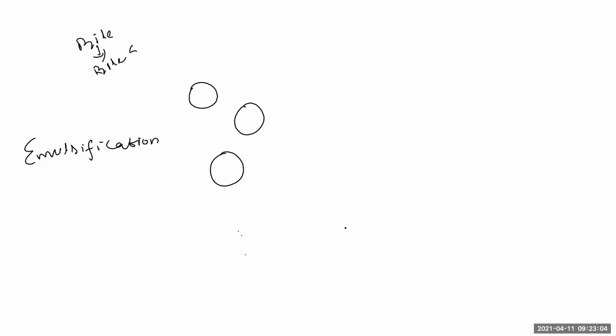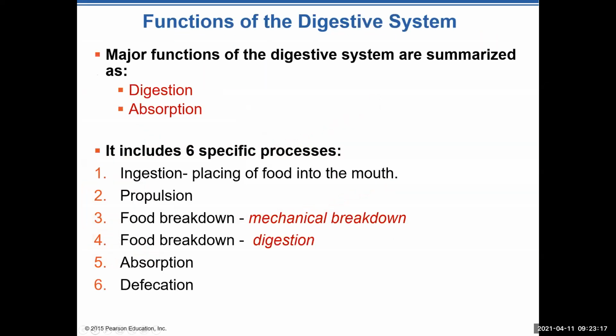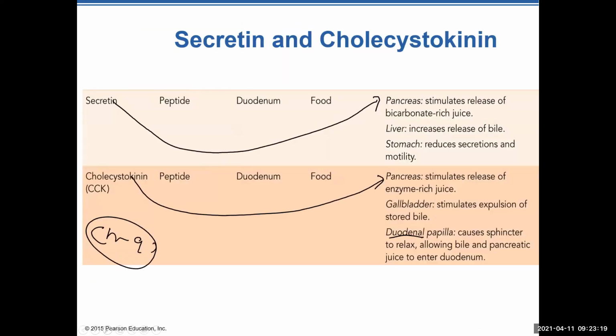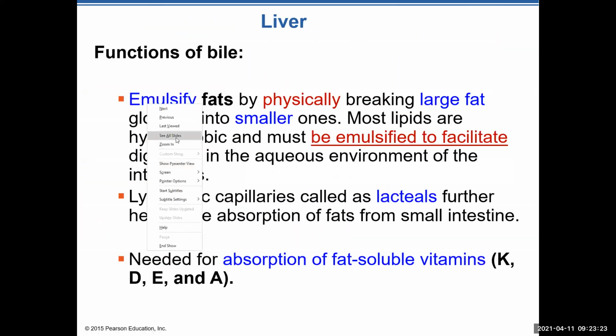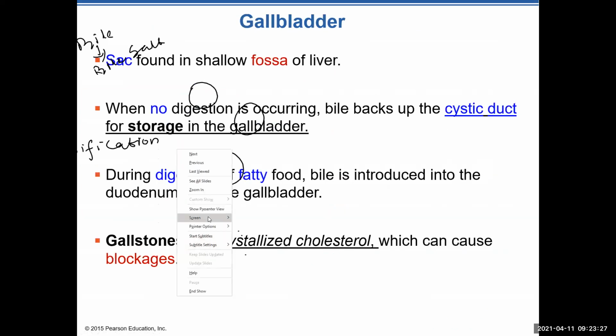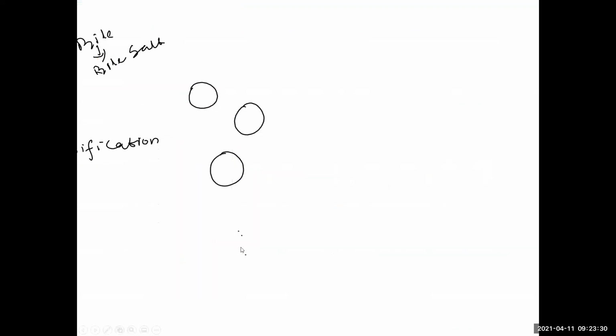I can't use another color over here. There's some problem with this board. So let me try if I can use from here. Oh, and our screen is gone. Anyways. I'm just trying to use another color.